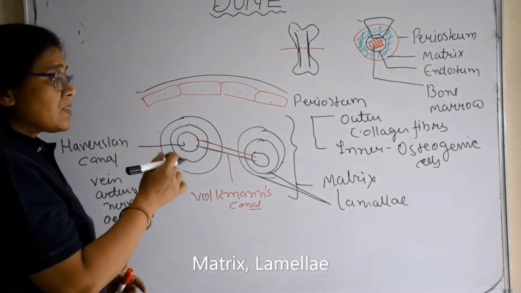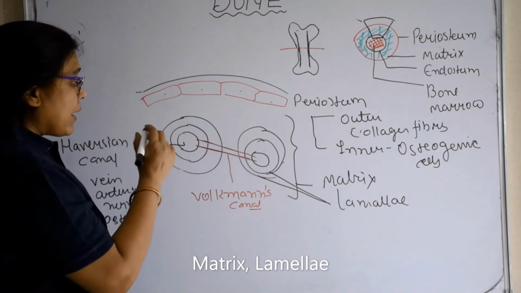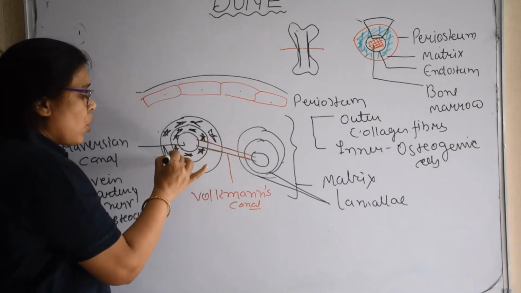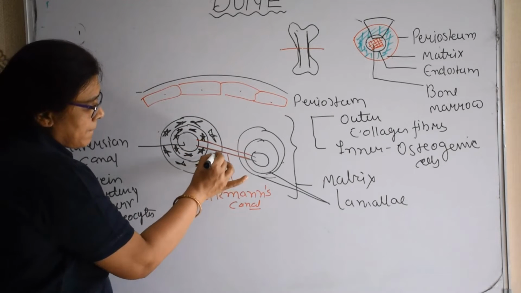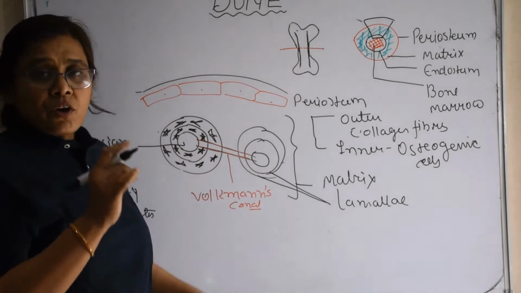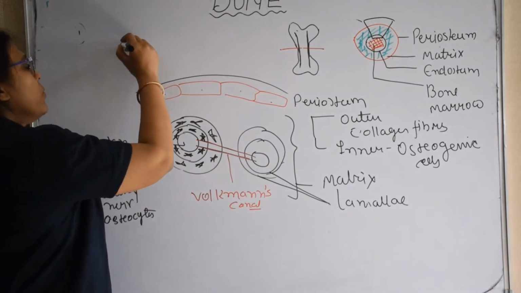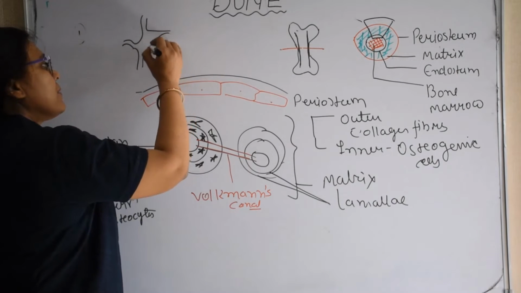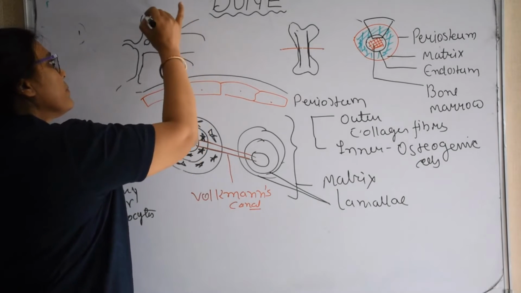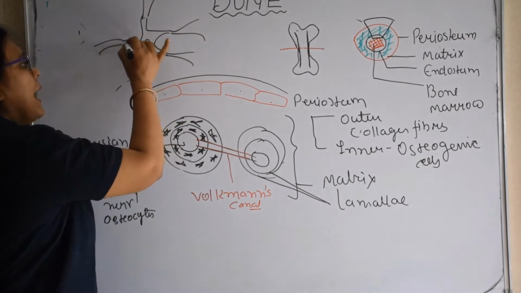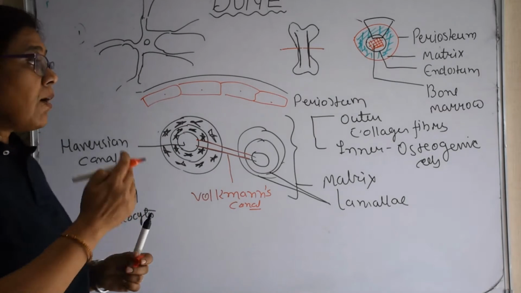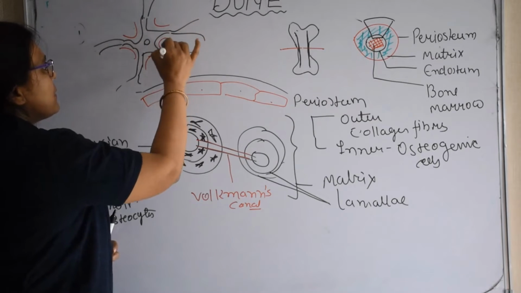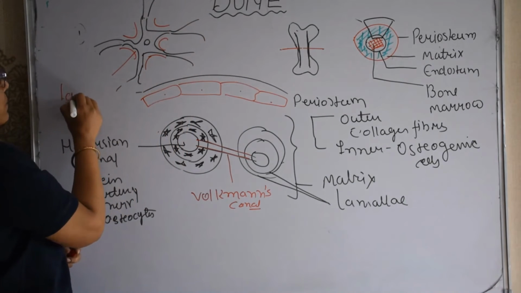Here in the matrix, osteocytes are present, and these cells are present in the form of concentric rings. I will draw a single osteocyte and show you. These cells are star-shaped cells with cytoplasmic processes, and they are present in a fluid filled space that is called lacuna. So this part here is called lacuna.